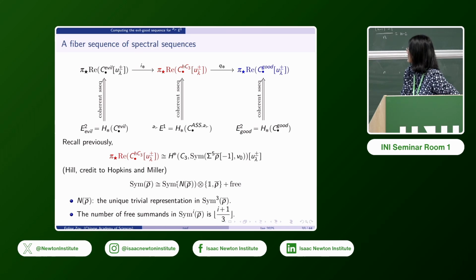It's a symmetric algebra on that, and then you have a rho bar tensored with everything. So you have this as non-frees, and you also know the number of frees. They are just (i plus 1) over 3 in Sim i.